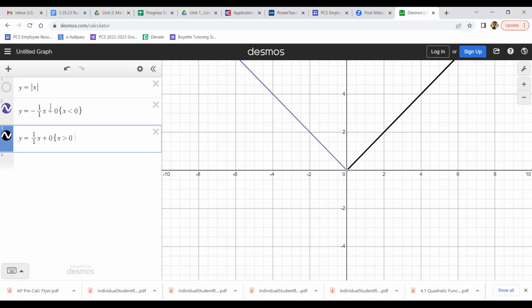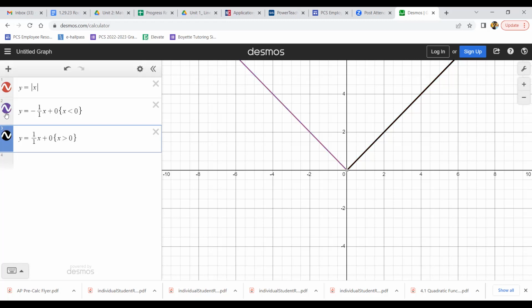Now, if I go back and turn the red graph back on, I'd have to turn these off. Hold on, turn it off. You can see that the red graph is in exactly the same spot that those graphs were in. So the blue and the black are in exactly the same spot that the red graph is in.